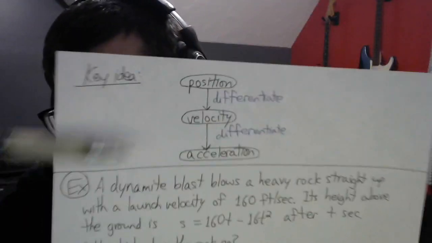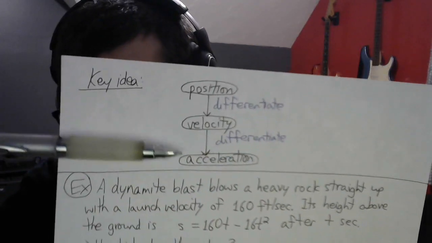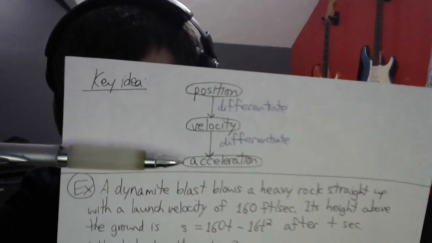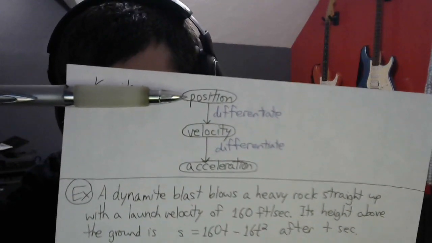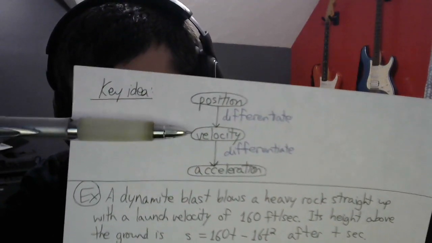What else can I say about it? Here's something as just kind of a final thought before we go. This picture, this diagram that I drew, you might be wondering, I don't know if anybody thought about this, but you go from position to velocity by differentiating.